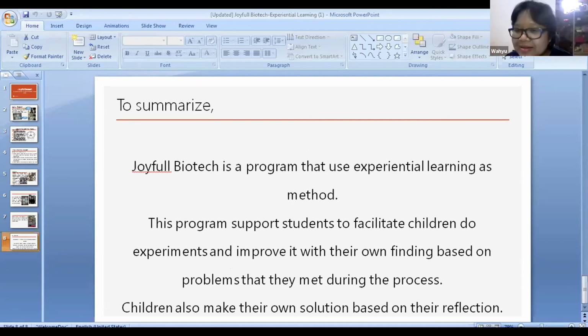When they help their parents around the house, pushing a vacuum cleaner, for example, that is talking about physics, force in motion and simple machines. So I love the idea that your Joyful Biotech actually lets them do that. By doing real world things, they're learning all that they need to learn.